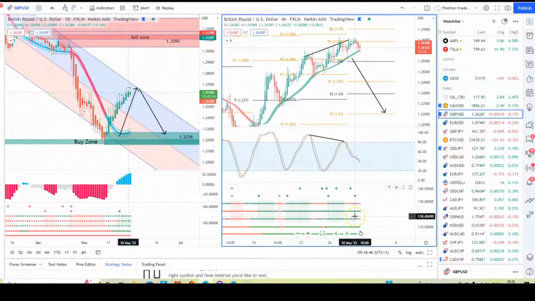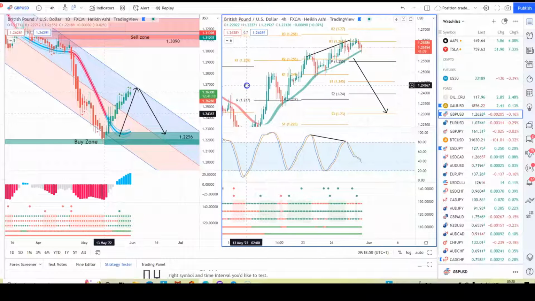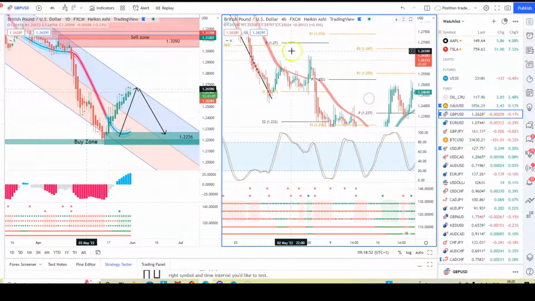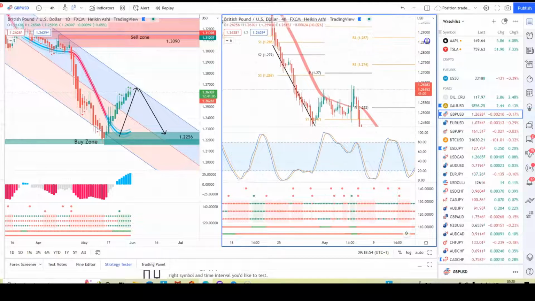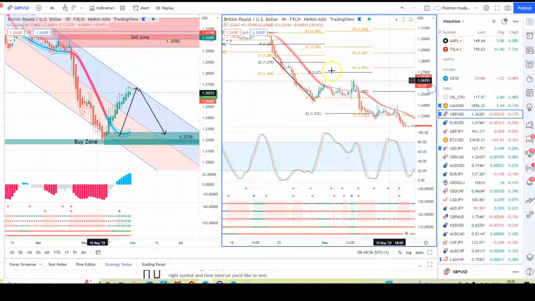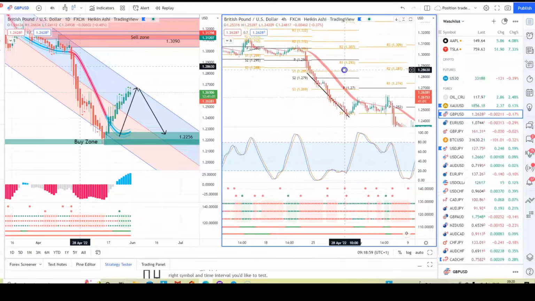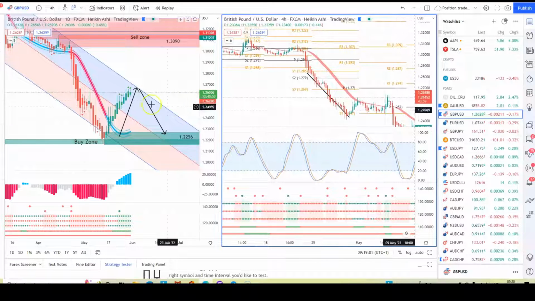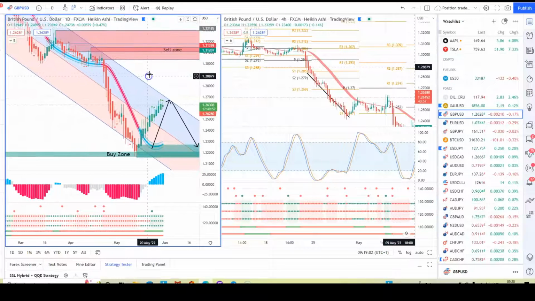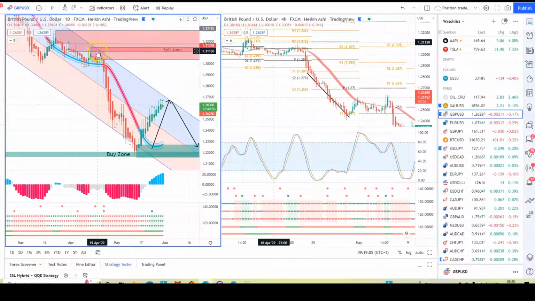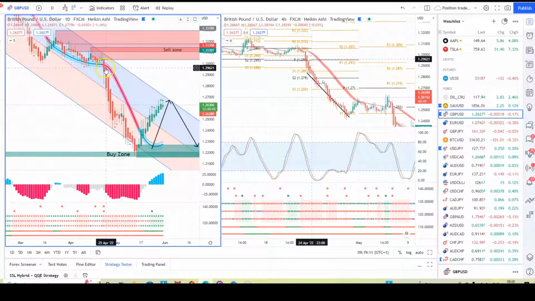So let me show you what that looks like in terms of a downtrend, just so you can see what I'm looking for before I trade it. In this case, the pound USD has reached the top of this range, gone into a sell zone, and then it's broken the ribbon. And guess what?